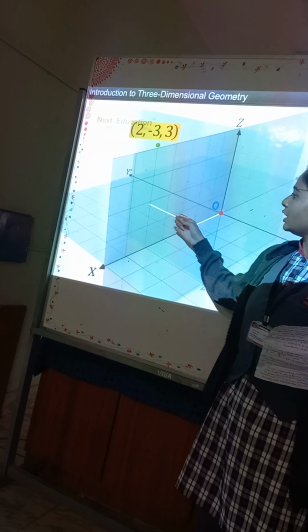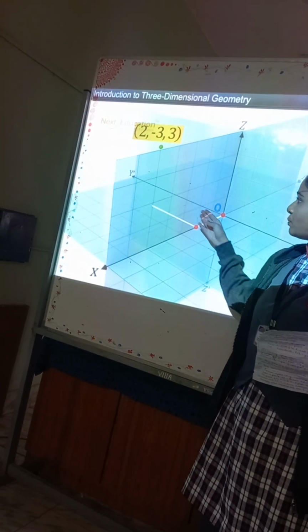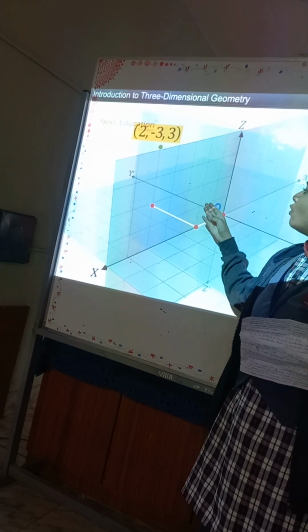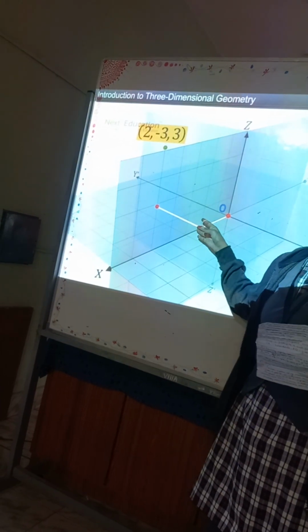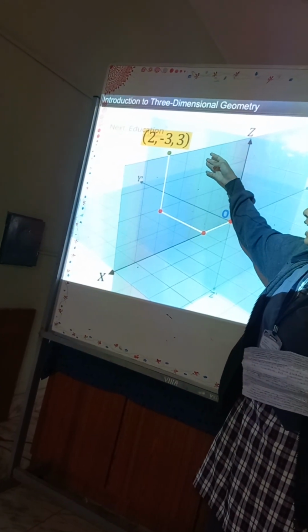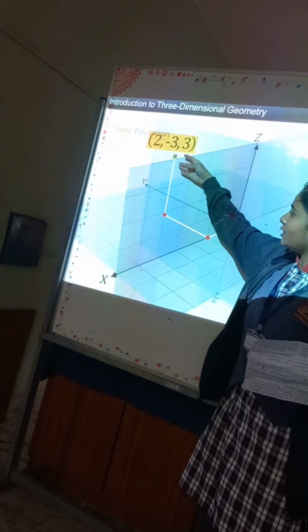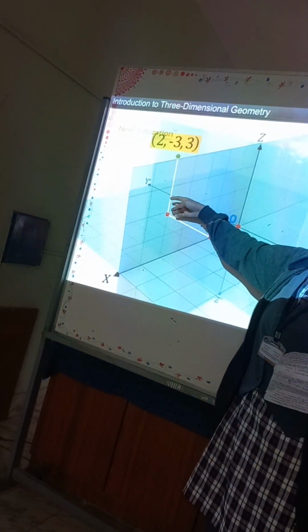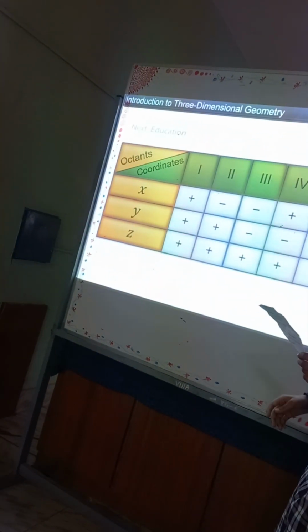We will move 3 units on the xy' plane parallel to the OY' axis. Now from here, we will move parallel to the z axis and mark a point which is 3 units away from the previously marked point. This is the required point P.